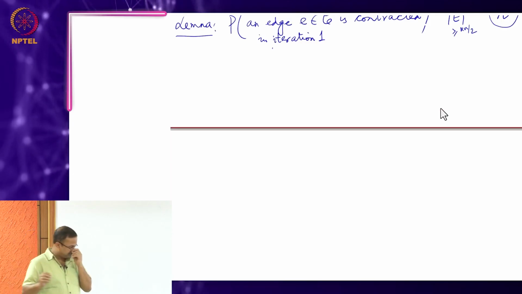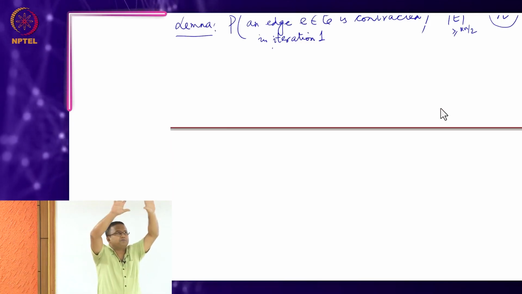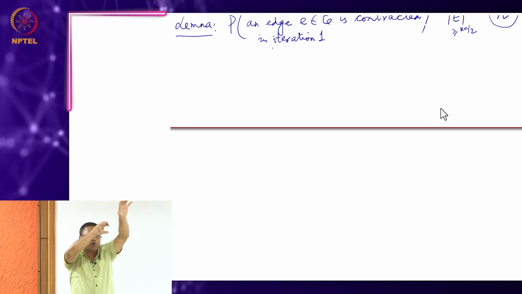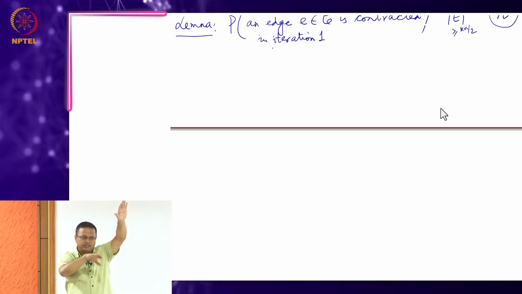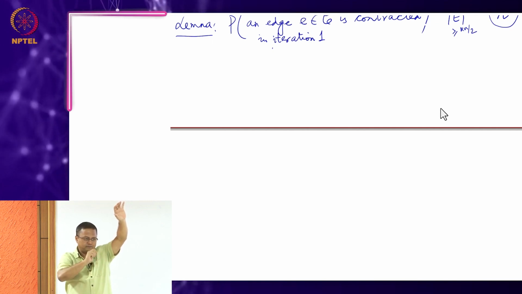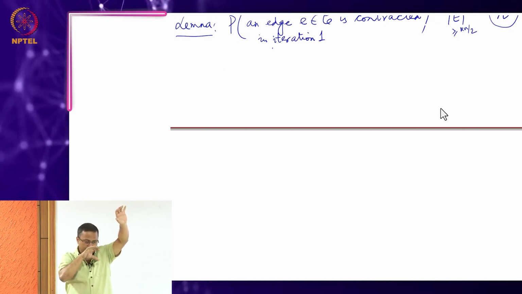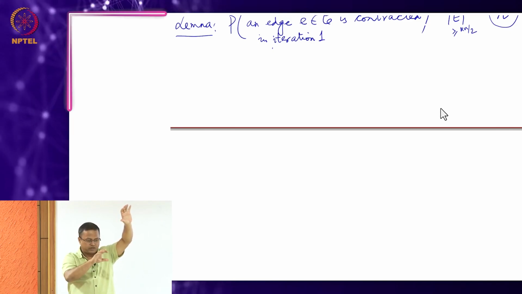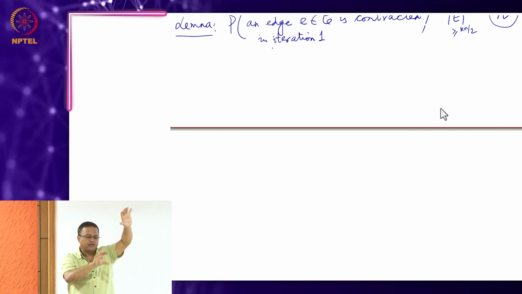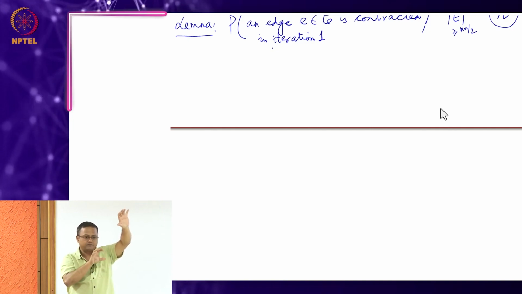Now think of this. I had this big graph G which I am contracting, and I am at some iteration j. So look at this new graph at this iteration. You have done contractions and reached a stage. Let us call this graph G dashed.